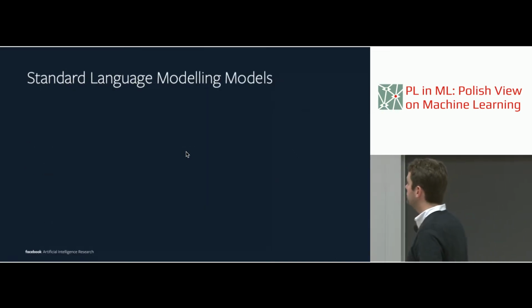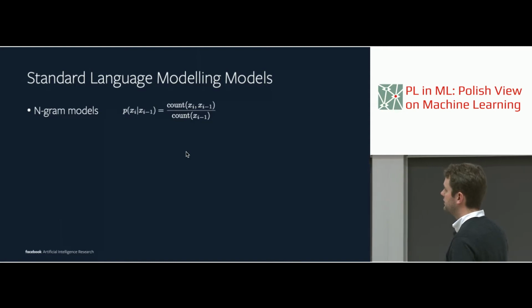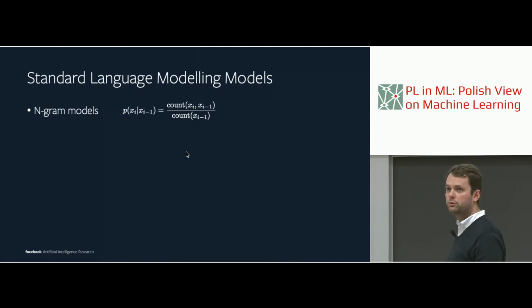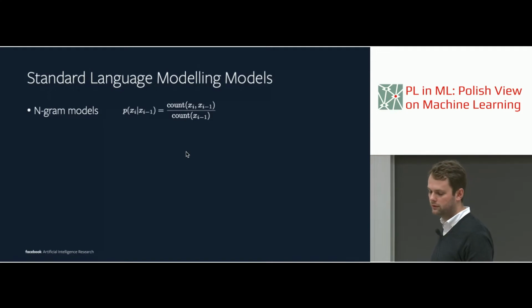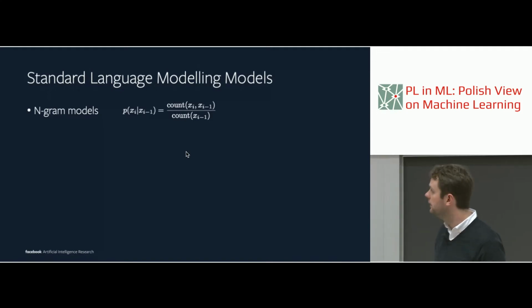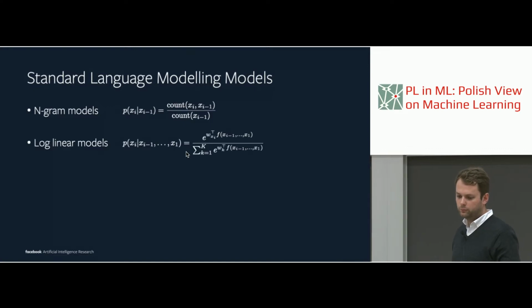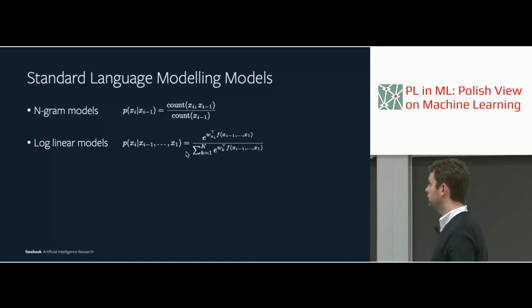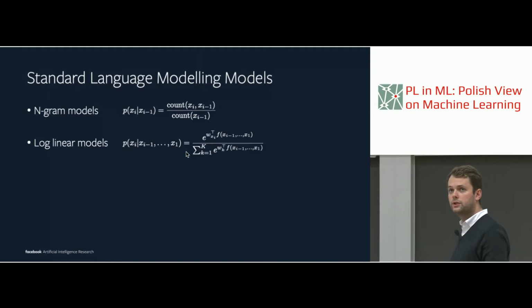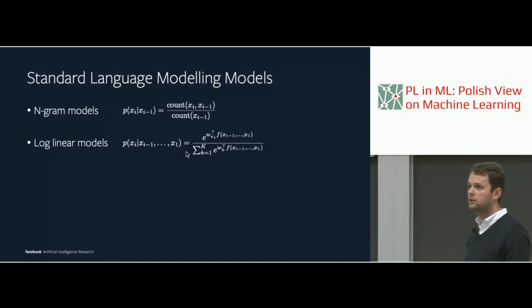So standard language modeling models include, for instance, n-gram models, which are very simple, where you basically compute the joint probability of observing a token at time t and t minus 1, and you divide that by the count of the token at time t minus 1. And there are some interesting extensions to this very simple model, which is not always well defined. Another alternative is log linear models, basically linear models of some handcrafted features of the past. So you need to come up with a feature of the past, which can be a bag of words, for instance.